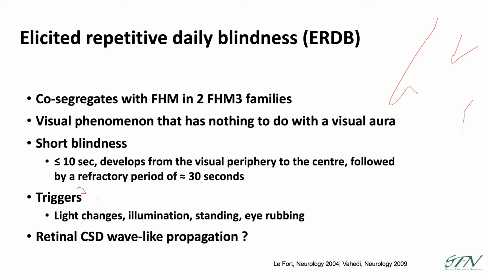And people who have this phenomenon can have it a few times every day, or sometimes more, 20, 30 times. And it can be triggered by light changes, illumination, standing, or eye rubbing. And perhaps this short phenomenon is caused by a retinal cortical spreading depression wave-like propagation. We don't know that because it's not very common.